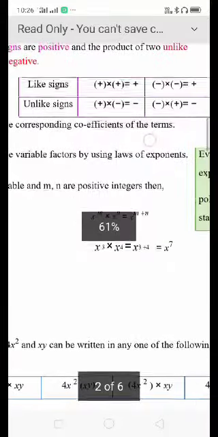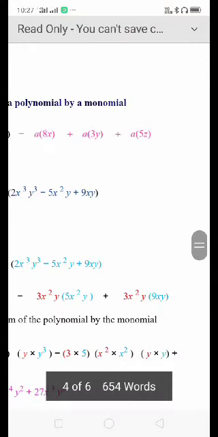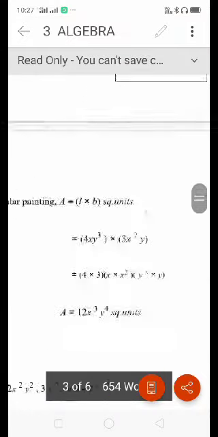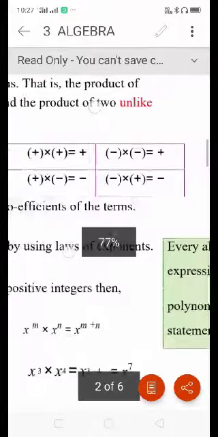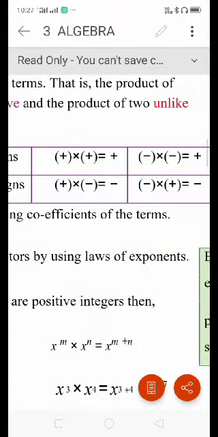Understand? So, like signs: plus into plus gives out plus. Like signs, minus: one minus and another minus, when multiplied, gives out a plus symbol. Minus into minus, plus. Understand? Next, unlike signs. One is plus, another one is minus.